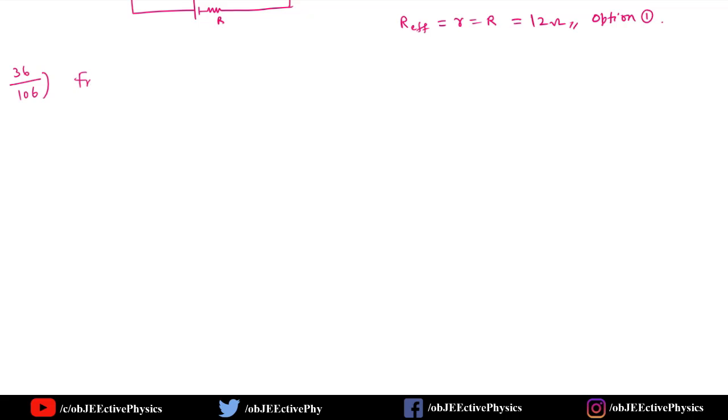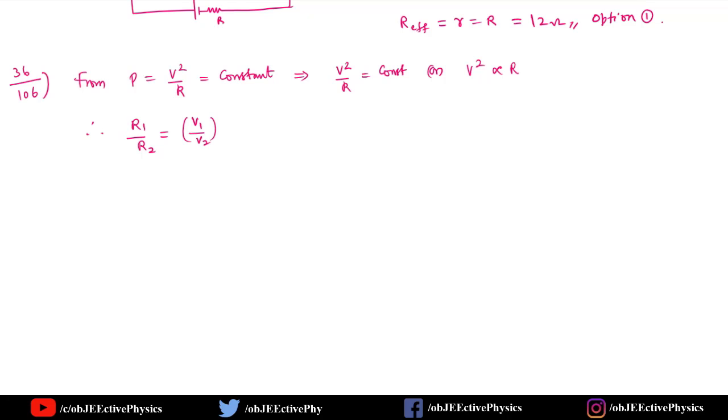From P equals V square by R, that P is given the same. So P is constant. Therefore, we can write V square by R is equal to constant, or V square is directly proportional to R. So R1 divided by R2 is equal to (V1 divided by V2) whole square.